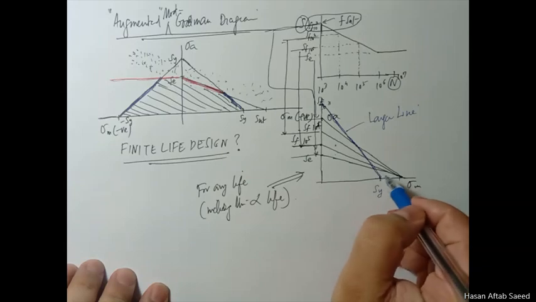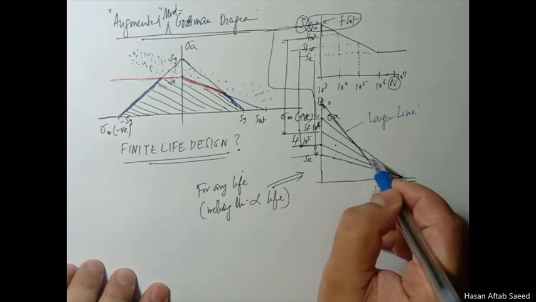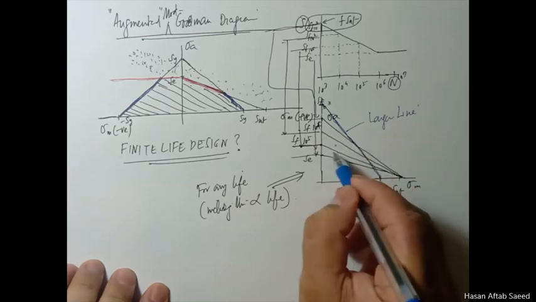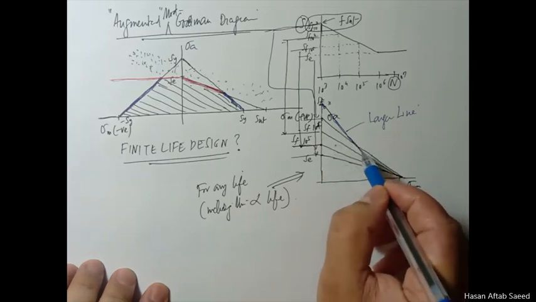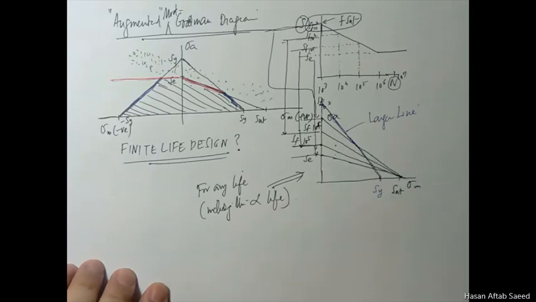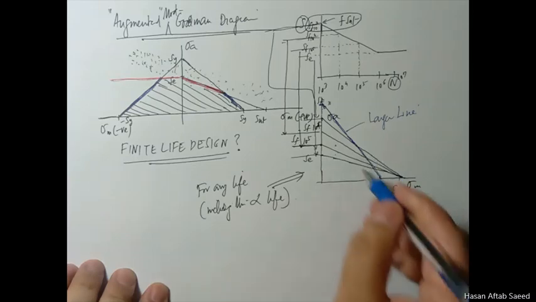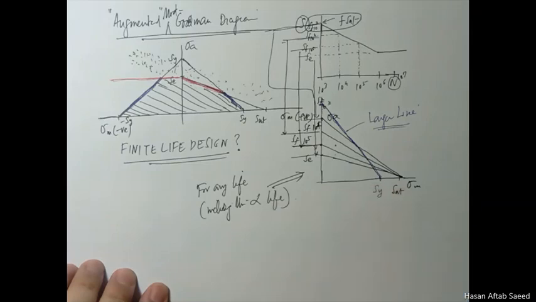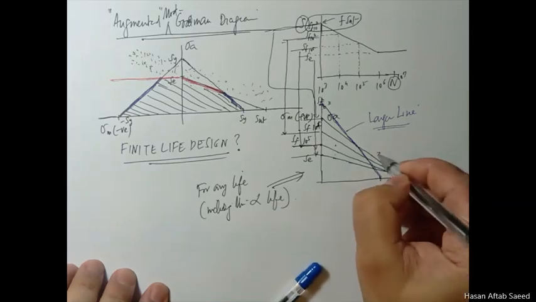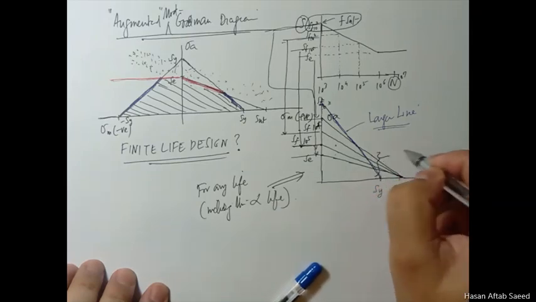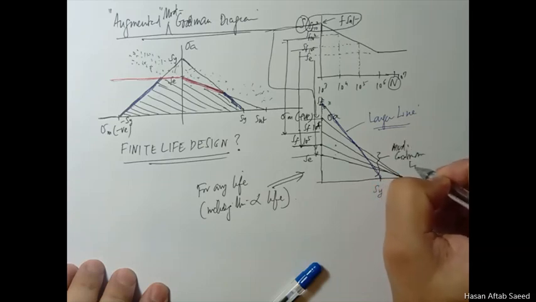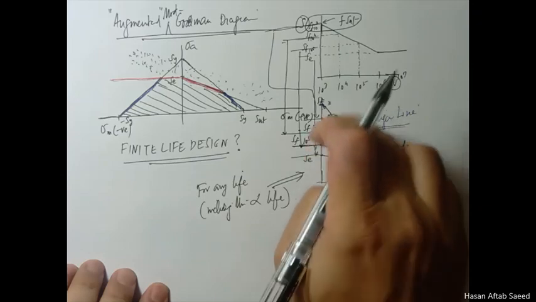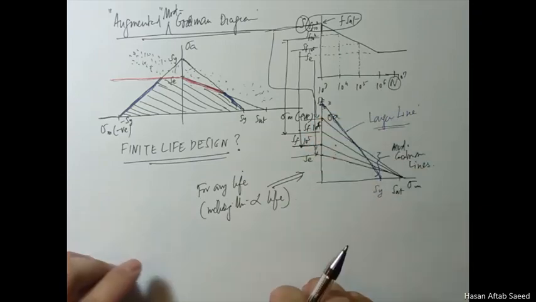For example, if some point lies here or here or here, depending on which life you want, from the fatigue point of view they are all right, but they have already passed this blue line, so you have this failure already taken place. All these lines are again modified Goodman lines, depending on what kind of life you're talking about.